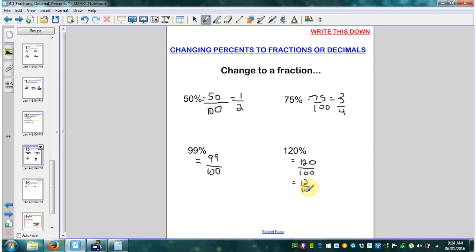So 12 over 10, or 6 over 5, or 1 with 1 over 5. You can write it as a mixed number.